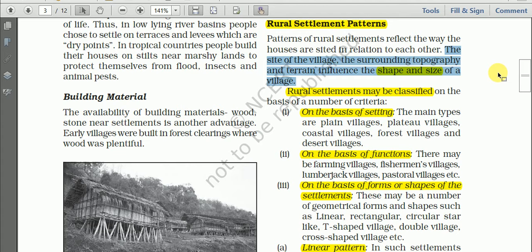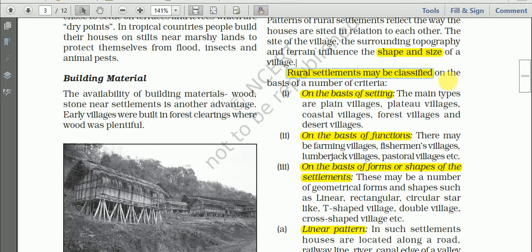Okay, so here we have a classification of rural settlements. Rural settlements may be classified on the basis of a number of criteria. The first criterion is on the basis of setting.